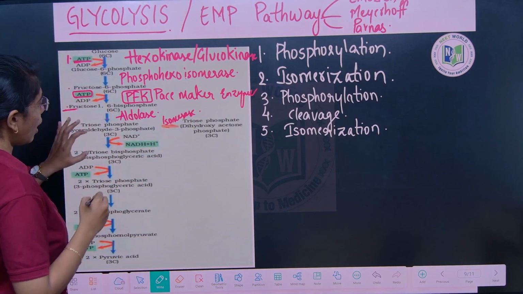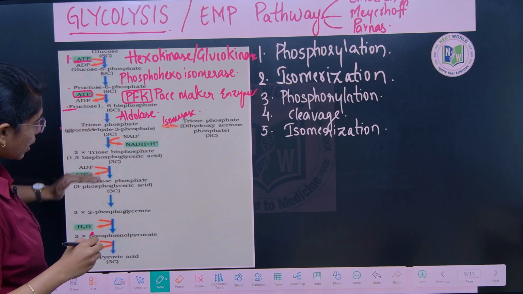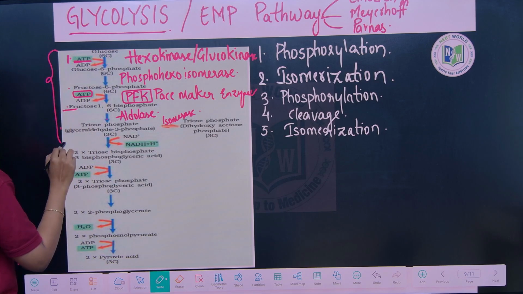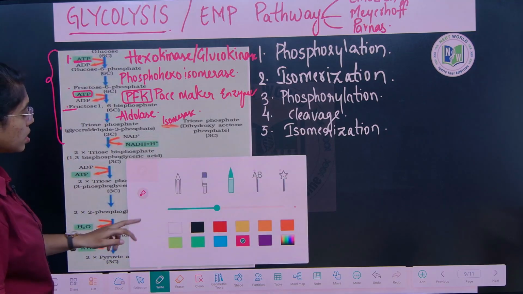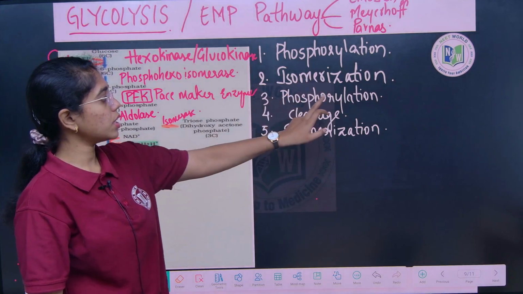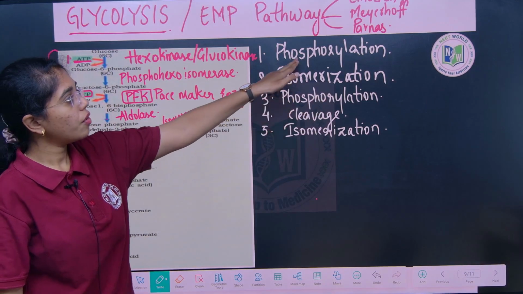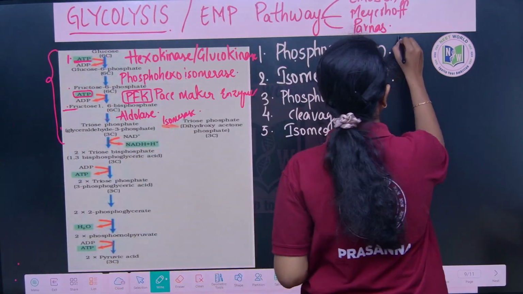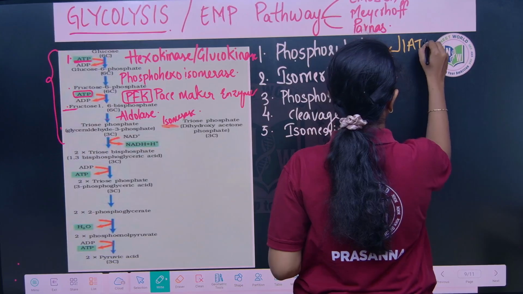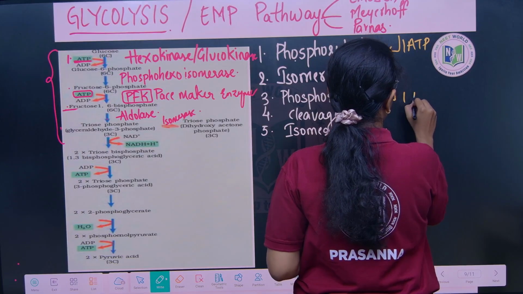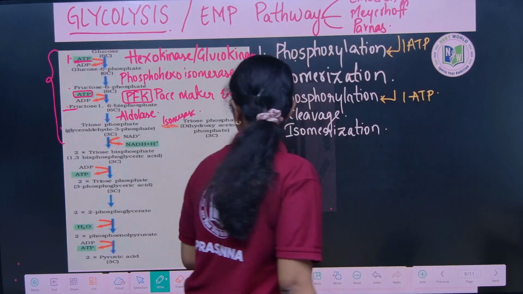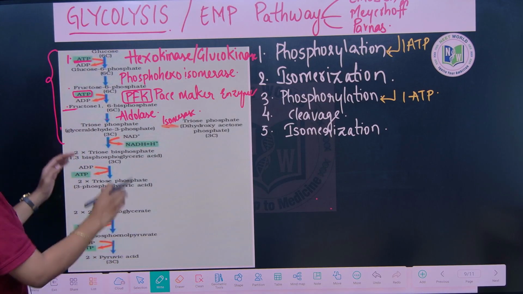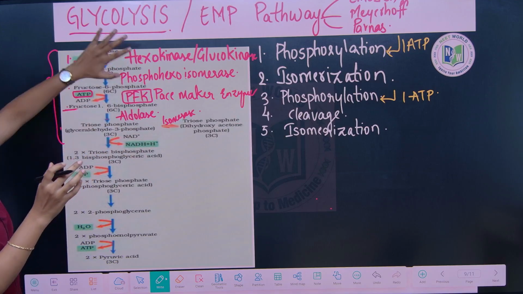Now glyceraldehyde 3-phosphate will continue through the next 5 steps. The first 5 steps are phosphorylation, isomerization, phosphorylation again, cleavage, and isomerization. The first and third steps require 2 ATP molecules in total: 1 ATP molecule here and 1 ATP molecule here.